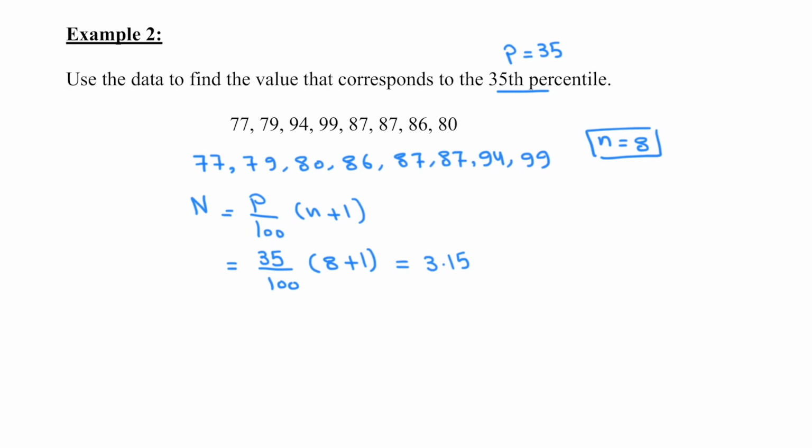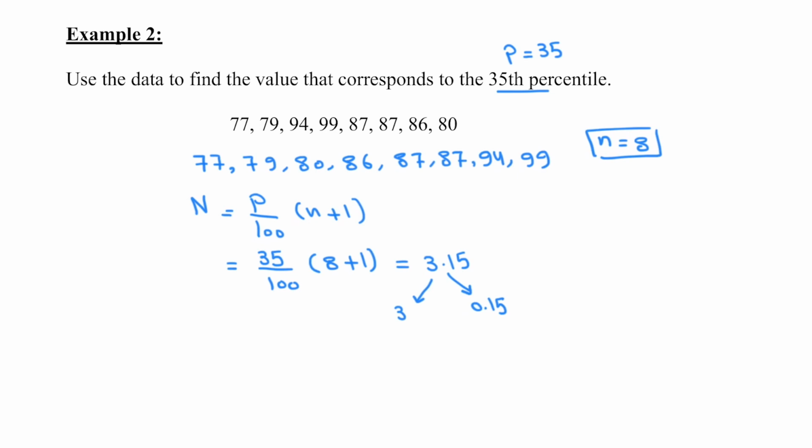The location here is 3.15, and in order to identify the location, we need to split 3.15 into whole and decimal parts. The whole part is 3, and the decimal part is 0.15.